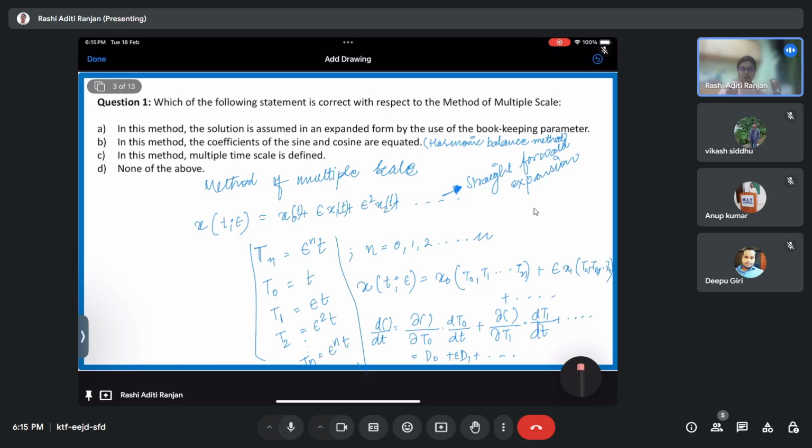And then we used it and calculated the differentials, calculated x square, calculated x cube, put it into the main equation. And then on the left hand side and on the right hand side, we equated the coefficients of sines and cosines.